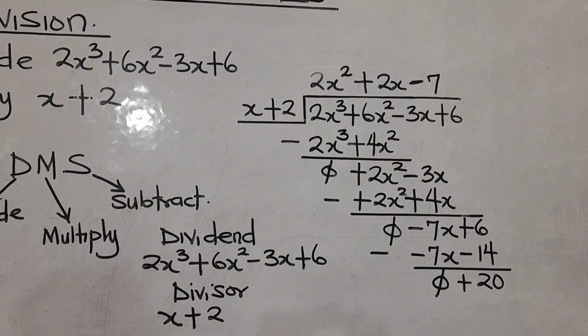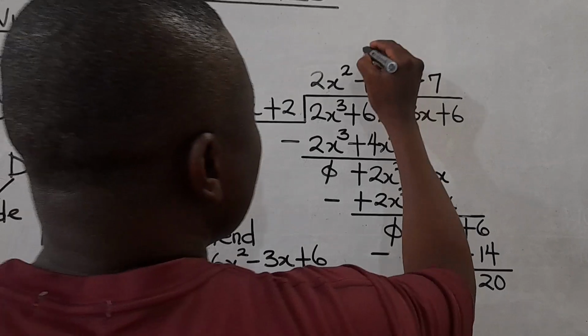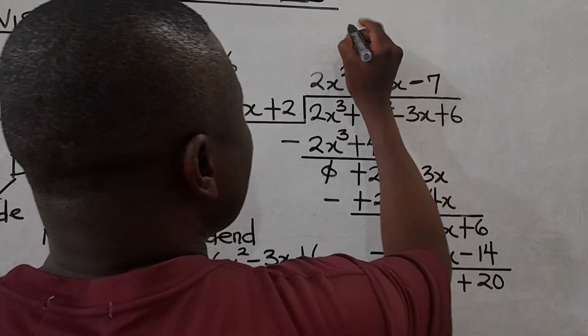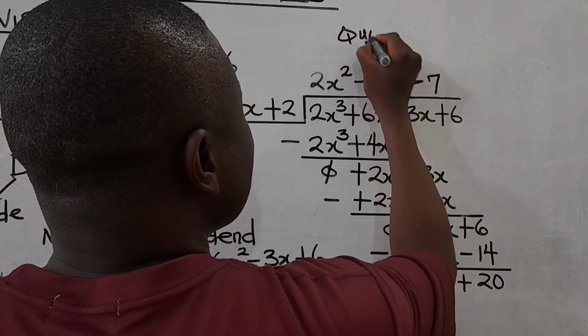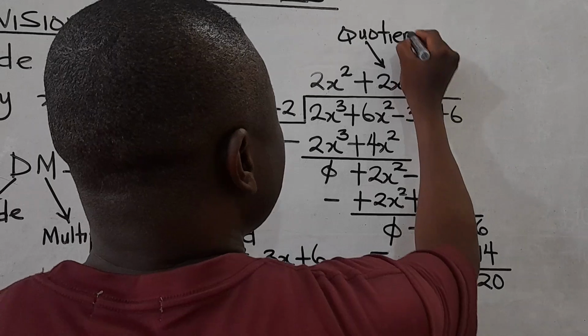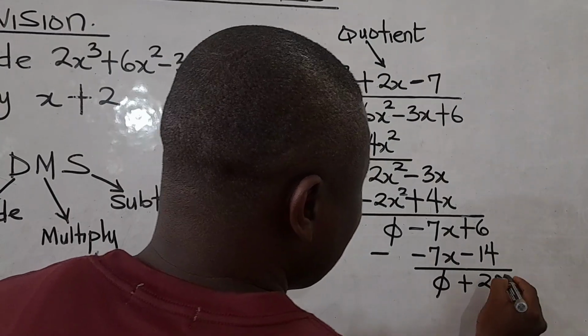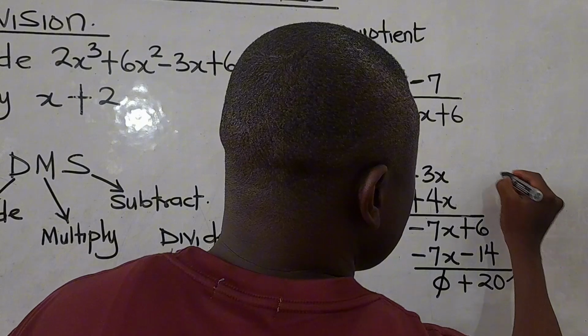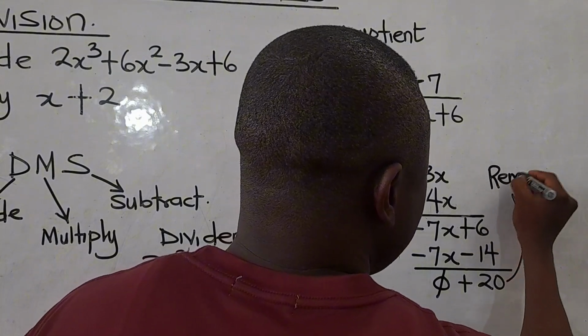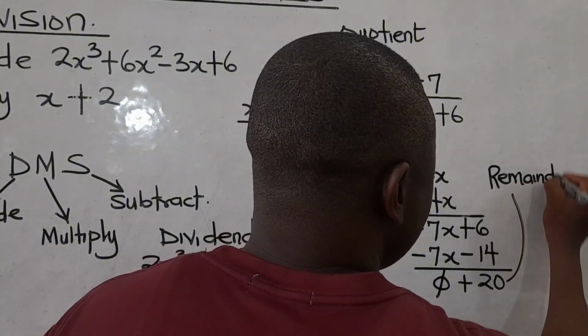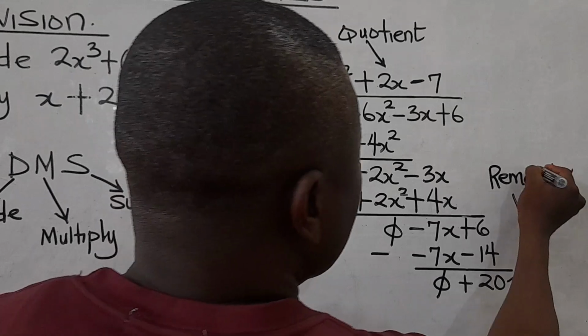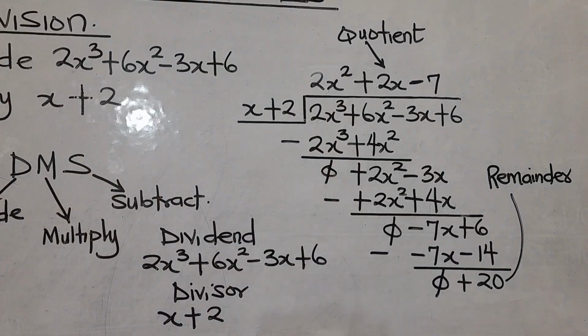Our quotient is this. And this is the remainder. This guy is our remainder. That's the remainder. So we all have it.